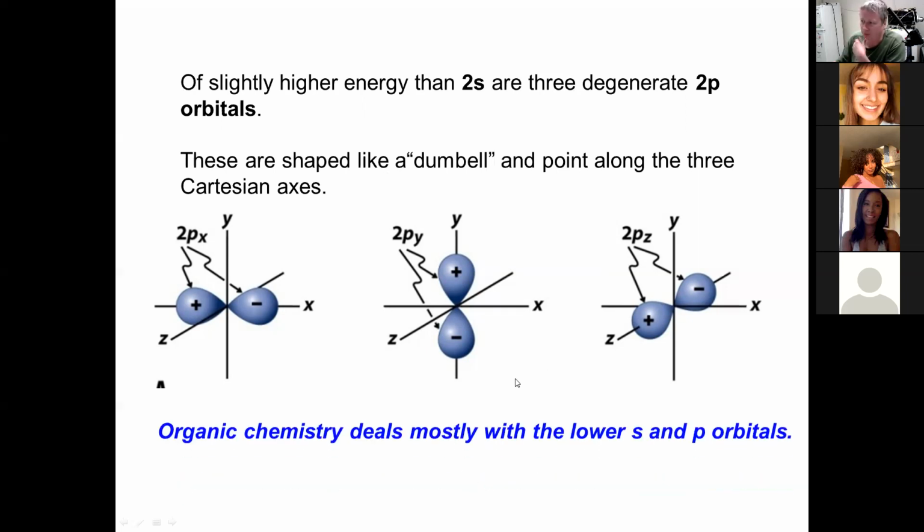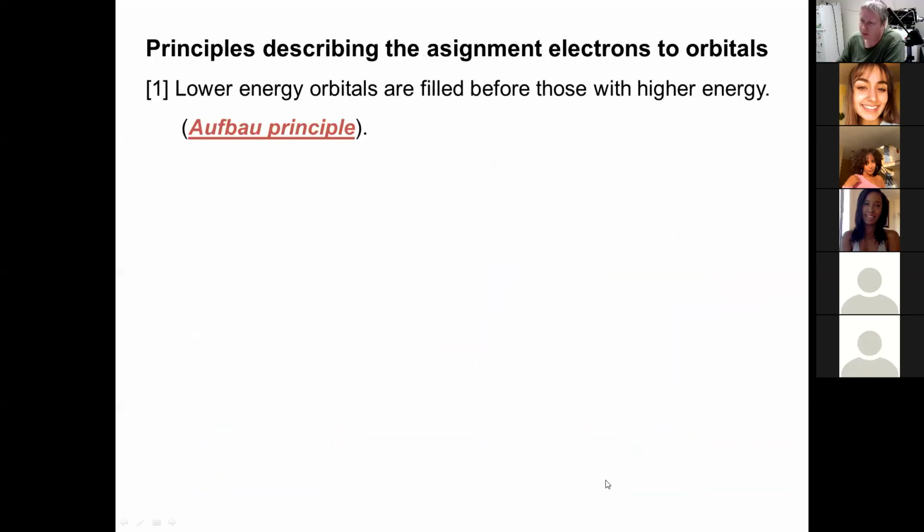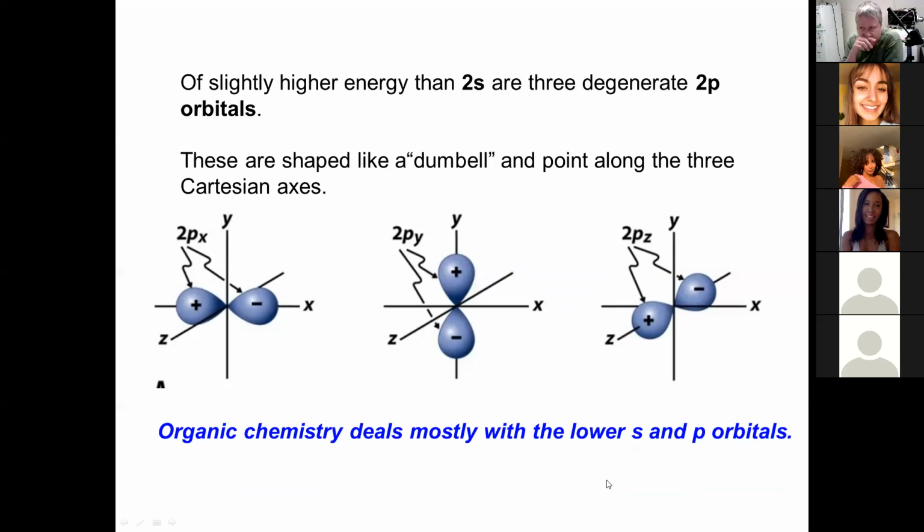For the most part, organic chemistry deals with lower s and p orbitals, so it makes it kind of easy in terms of this basic theory. We don't really deal with d orbitals or the higher orbitals in organic chemistry. I have a question. In those models, what are the positive and negative signs indicating?